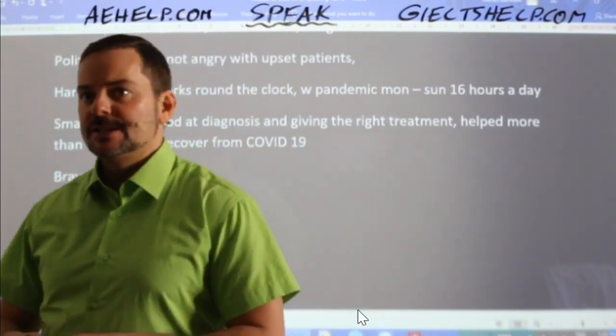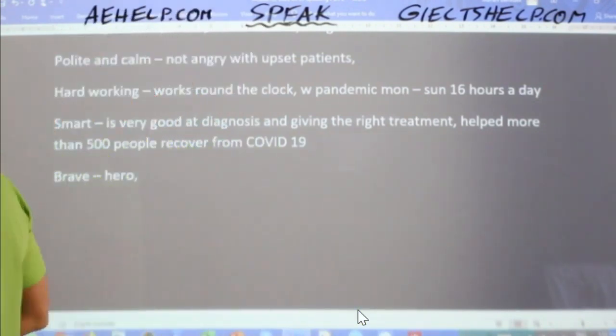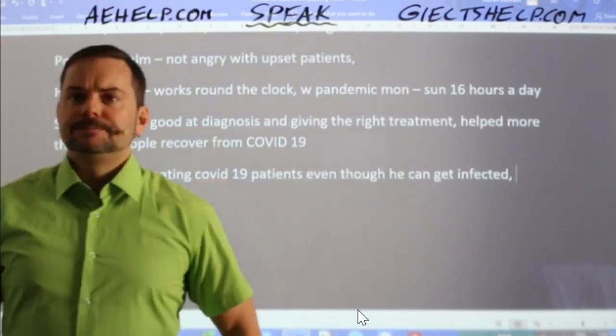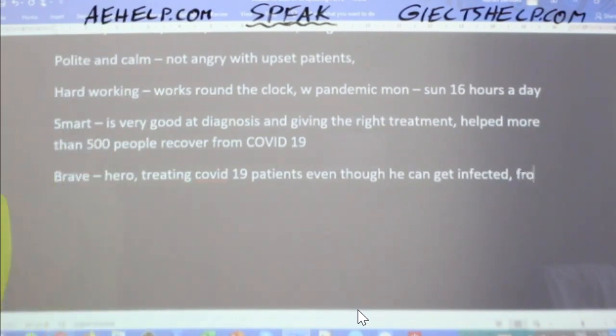So Relena says treating COVID-19 patients knowing he can get infected. Rajveer says on front line to fight COVID-19.